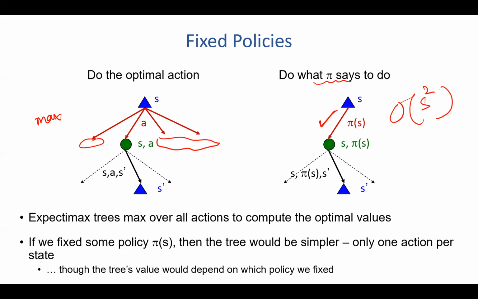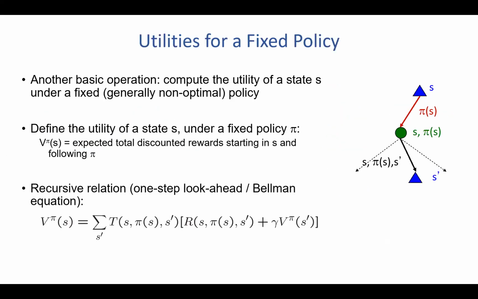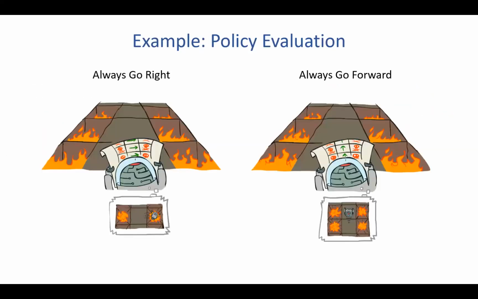If it is better, just take that next step, otherwise take another step. Because you record and you keep the values in the memory. So what we do is we evaluate the policy.